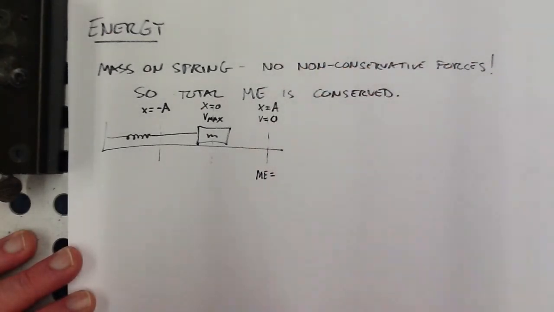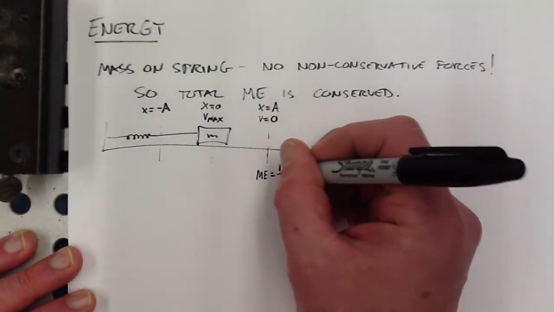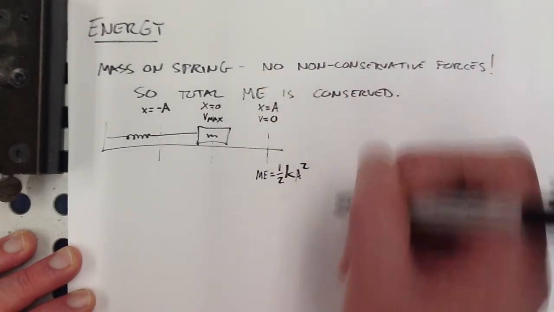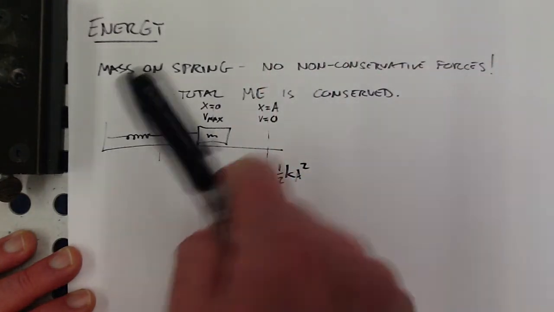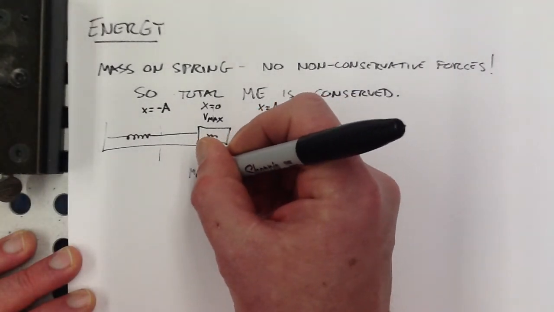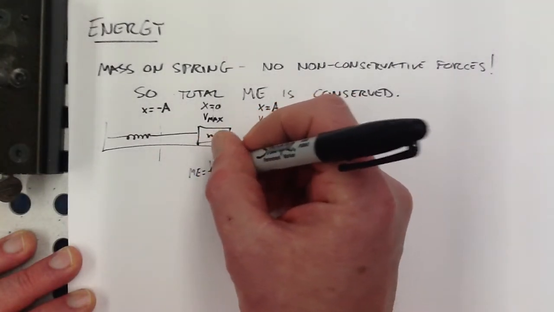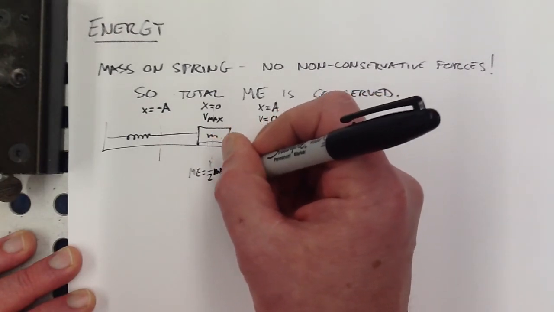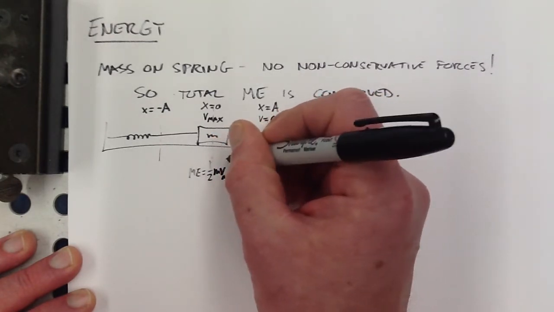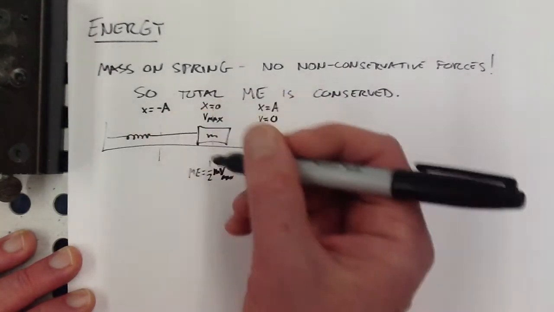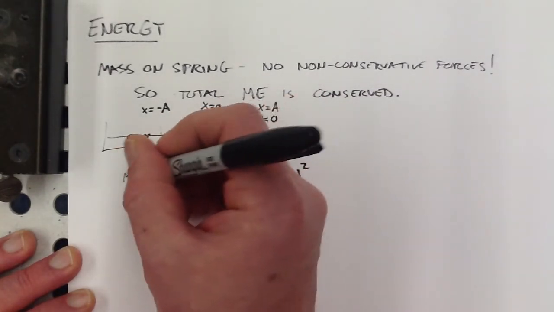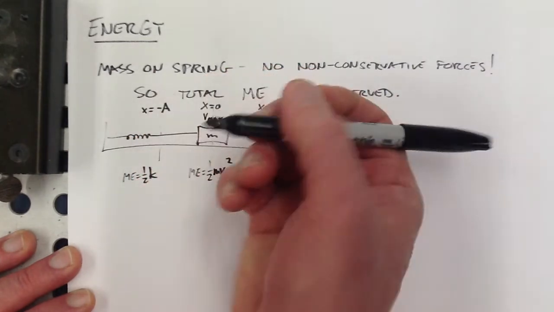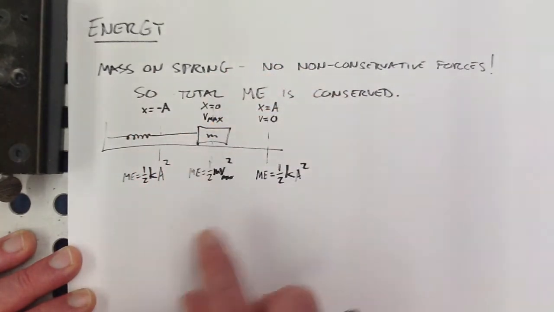So here, the mechanical energy is 1/2 k x squared, but the x is equal to a, so it's all that. Here in the middle, the mechanical energy is equal to 1/2 m v max squared, and here we would be back to mechanical energy is 1/2 k x squared, but x is negative a, so 1/2 k a squared.